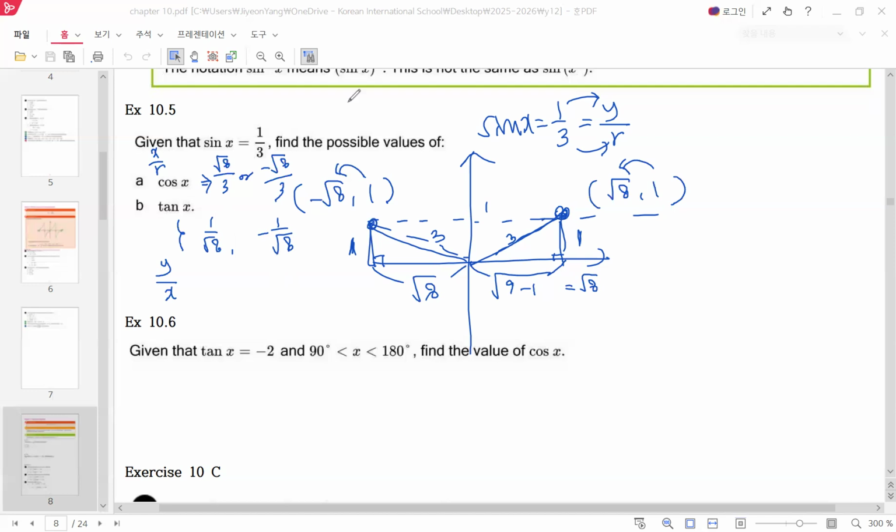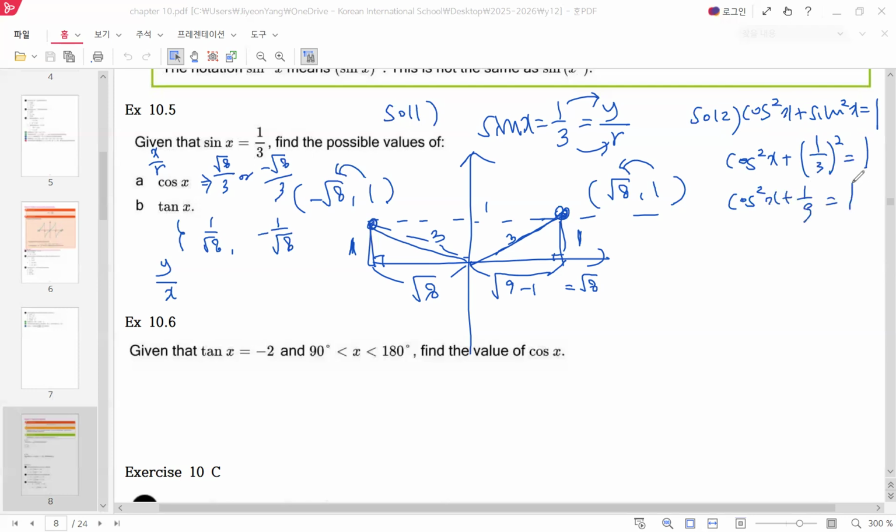This is the first method to solve this question. The second solution is you can use the relationship between cosine and sine. Since the square sum of cosine and sine is 1, cosine square x plus 1 over 3 square equals 1, which is cosine square x plus 1 over 9 equals 1.